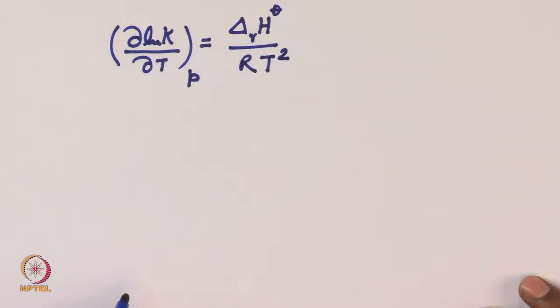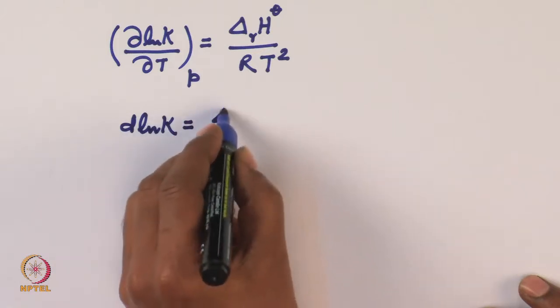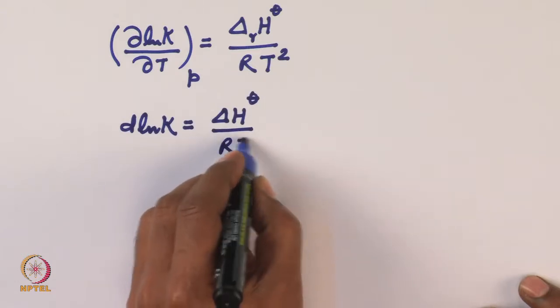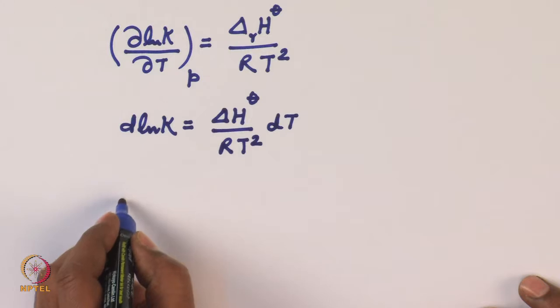And since we have been given information on the temperature dependence of equilibrium constant, and we have been given at least 4 temperatures, what I will do is I will write this equation in this form: d log K is equal to delta H naught by RT square dT, and perform an integration.